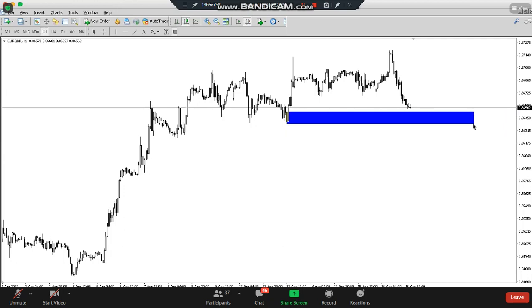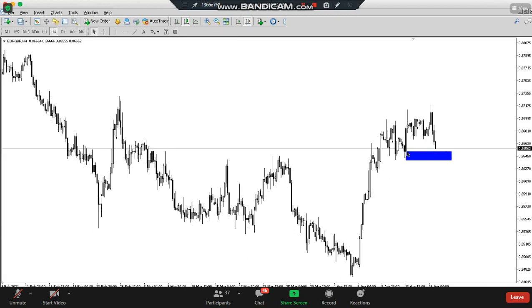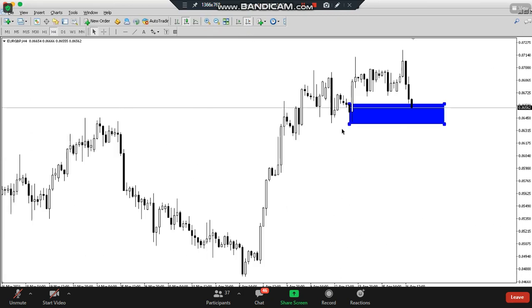You must identify an order block. Can you see what I did here? Identify, making an example. If I identified it on H4, can you see it's big, right? Yes, I can see. The reason why I'm going deeper into the order block is I don't just want to buy just because price has entered.